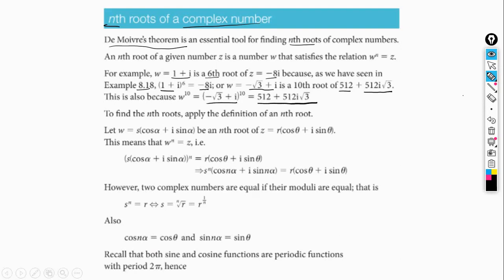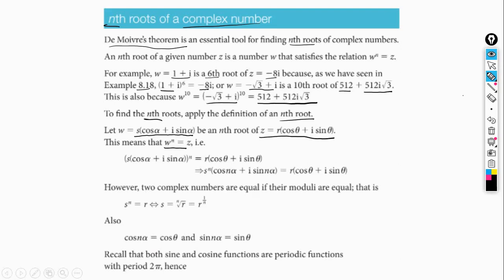So to find the nth roots, we can apply the definition of an nth root. Let w equal s times cosine of alpha plus i sine of alpha be the nth root of z equals r times cosine of theta plus i sine of theta. This means that w to the n is equal to z.